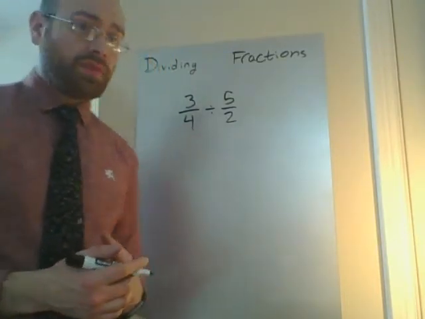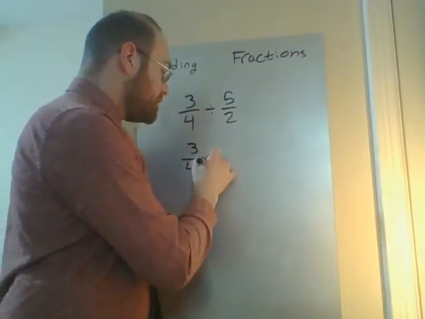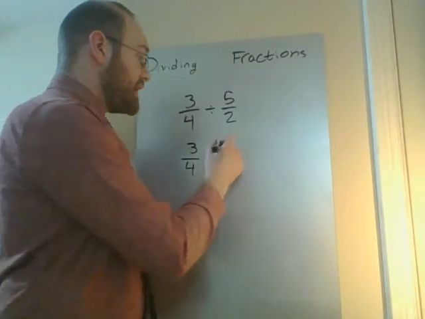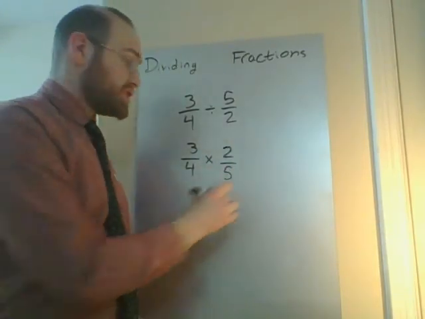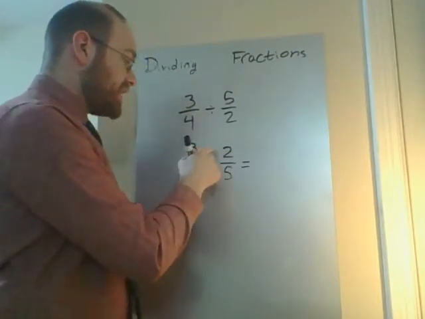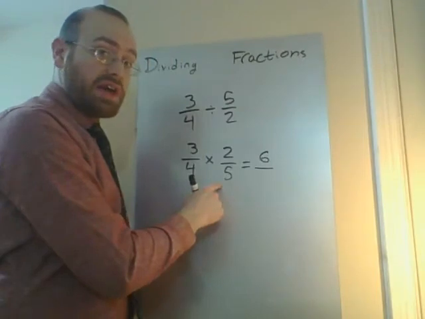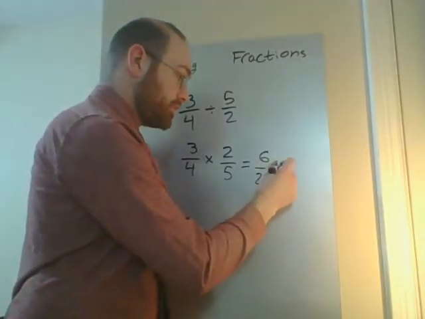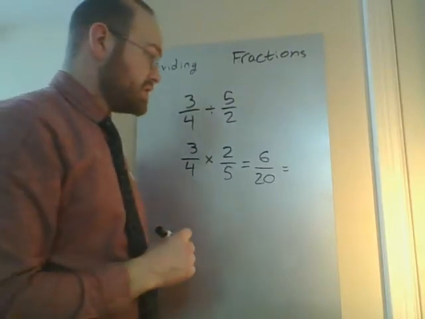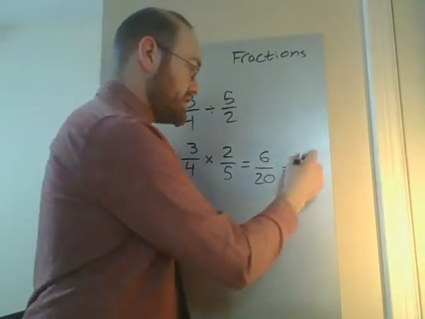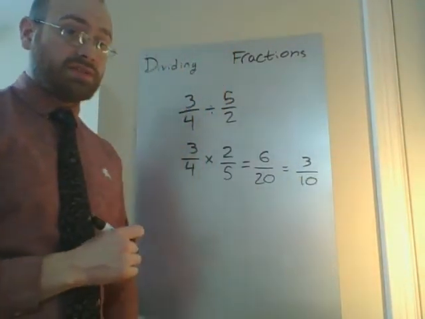So instead, we're going to take our first fraction and multiply by the reciprocal of the second fraction. So 3 times 2 is 6. 4 times 5 is 20. And we can reduce this fraction to 3/10. So 3/10.